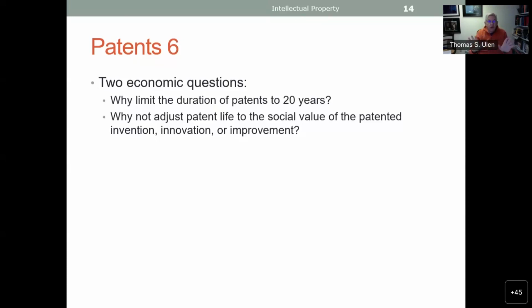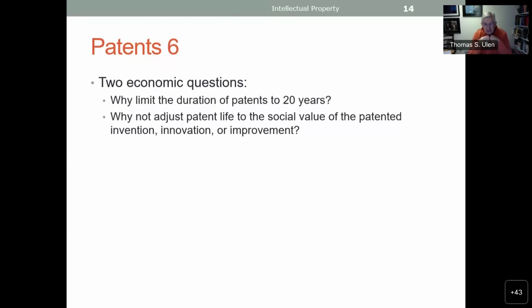We don't know whether the patent is going to be easy to substitute for or almost impossible to substitute for. And because we can't be sure whether the patent is going to be a monopoly, we just have to leave ourselves the opportunity to get out of a monopoly situation in the event that the patent turns out to be a monopoly. It's a sort of rough and ready rule.